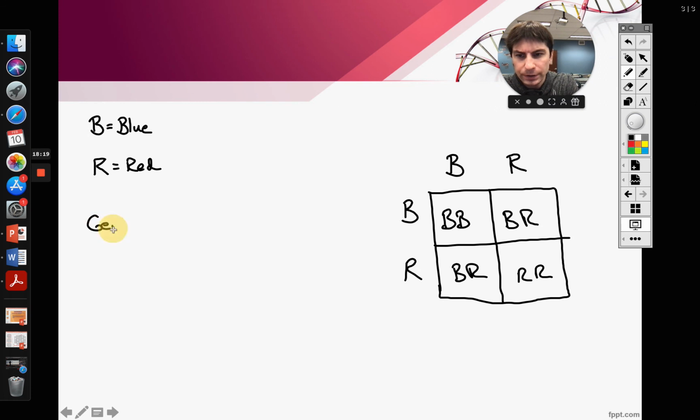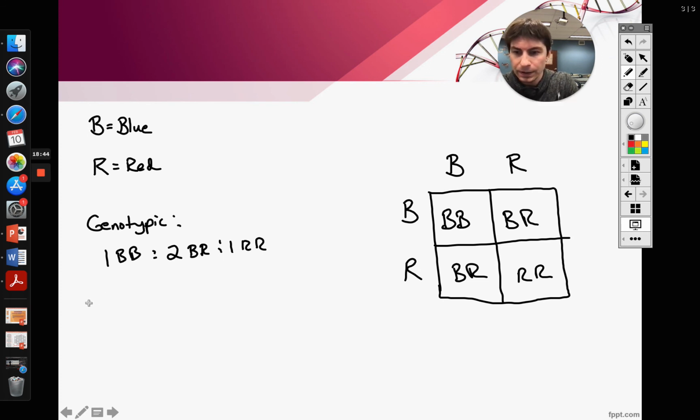So genotypic ratio, we're going to have 1 big B to 2 big BR to 1 RR. And once again, guys, I know I keep saying this, it doesn't matter what letters you use. You know, if you wanted to use A and B, you could use that too. It doesn't matter.